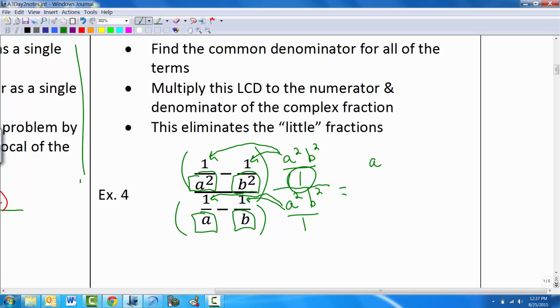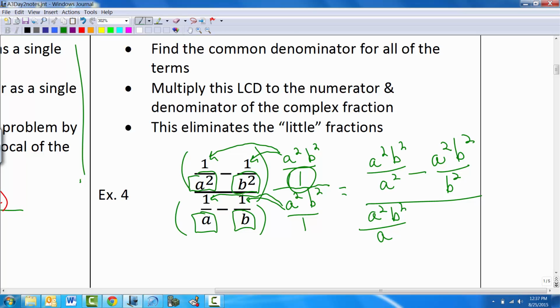So this turns into a squared, b squared over a squared minus a squared, b squared over b squared, over a squared, b squared over a minus a squared, b squared over b.